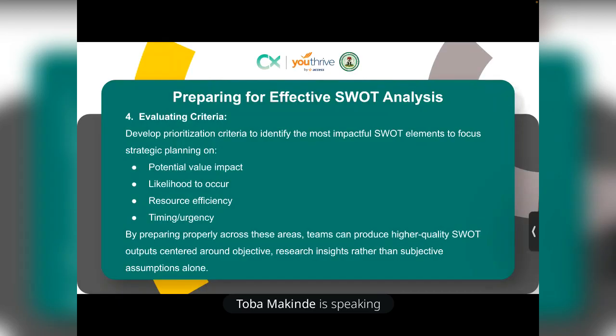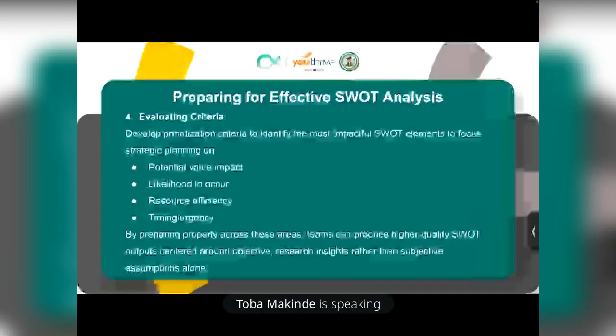You want to look at timing and urgency, in terms of how urgently you want to tackle that weakness, or what time you're putting into addressing that threat that you've identified. So you can prioritize it in that regard as well.